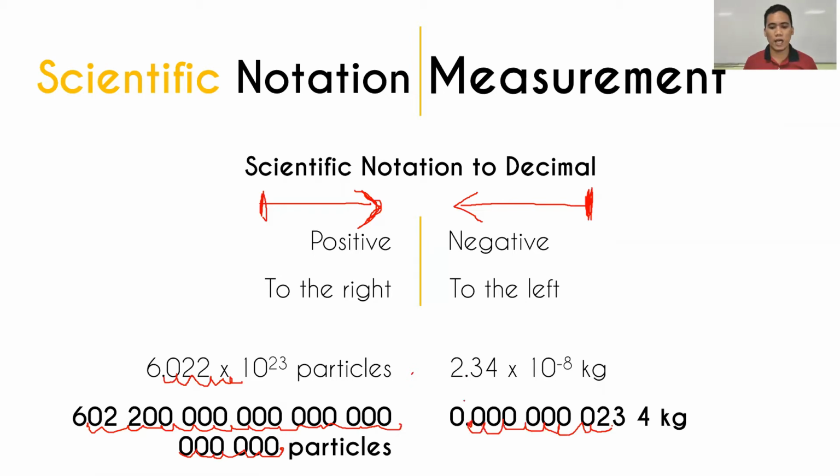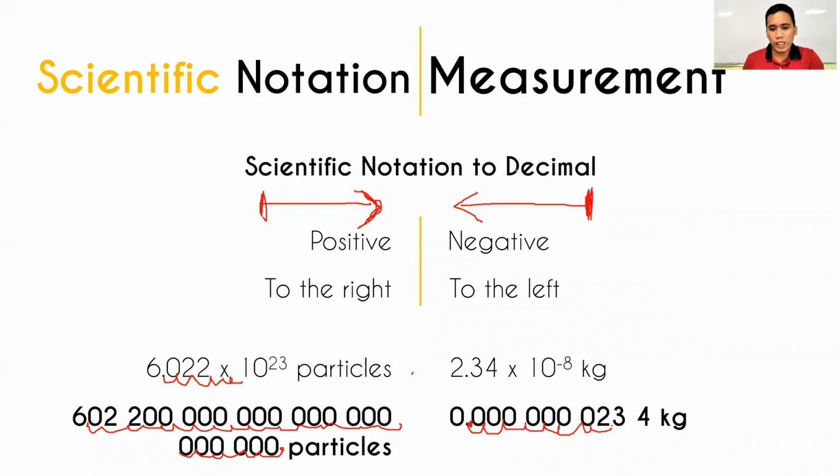So therefore, we have 0.0000000234 kilograms. Okay, so that is the movement from scientific notation to decimal and decimal to scientific notation.